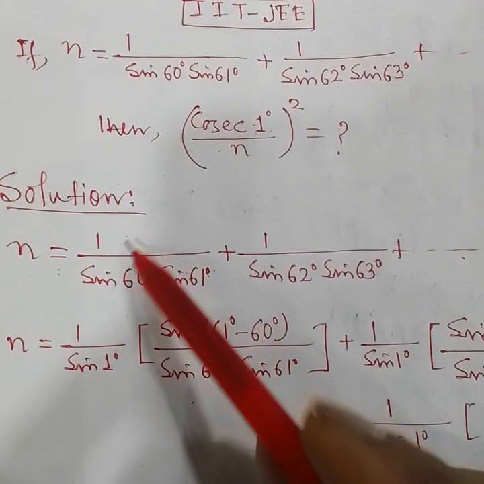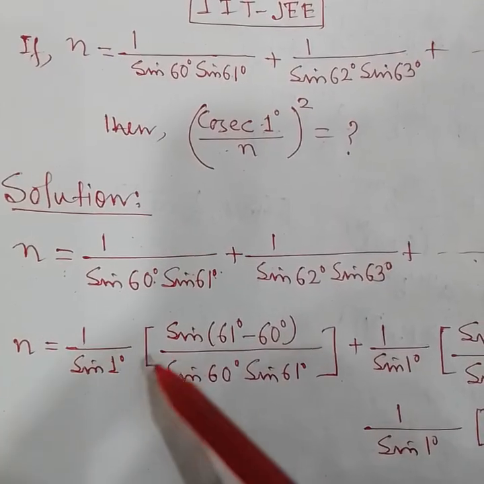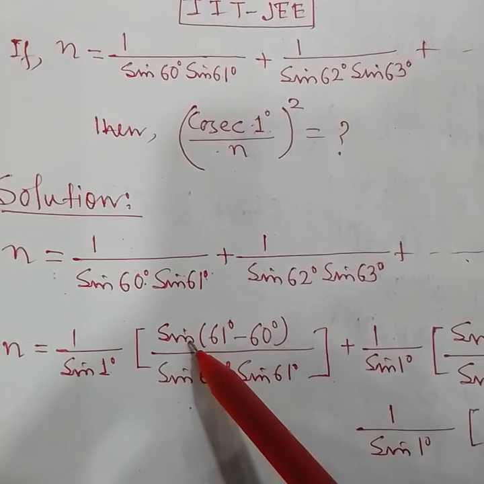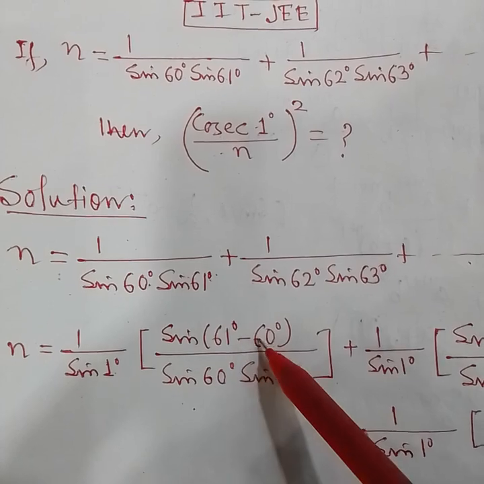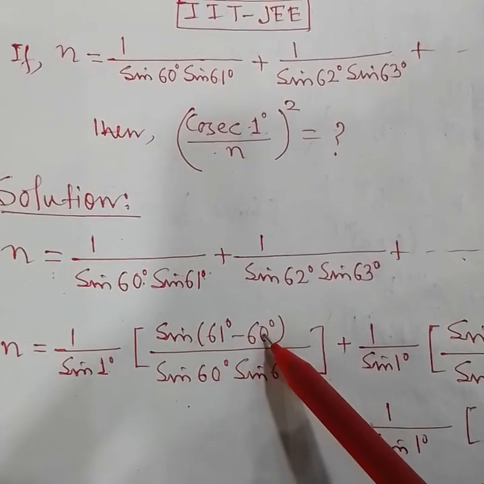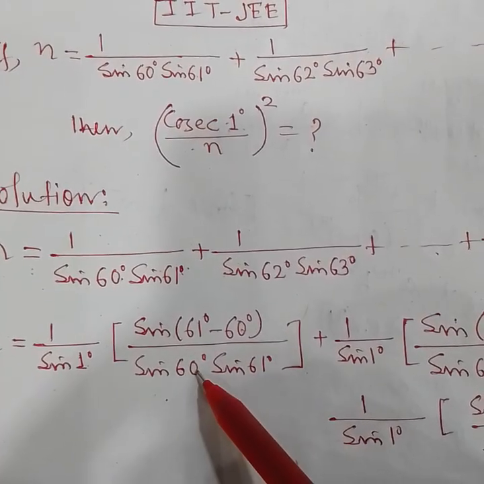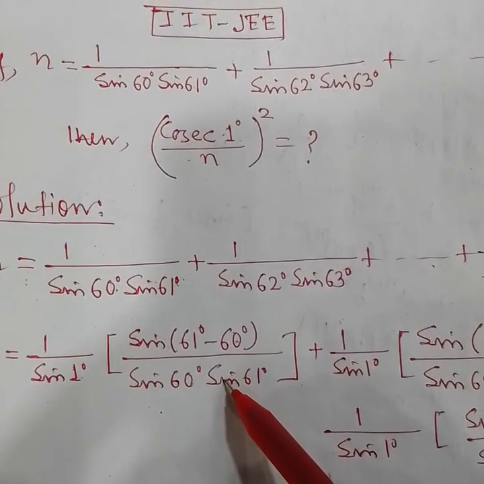So we take 1 by sine 1 degree common, and within the bracket we write sine of 61 degree minus 60 degree by the denominator sine 60 degree into sine 61 degree.